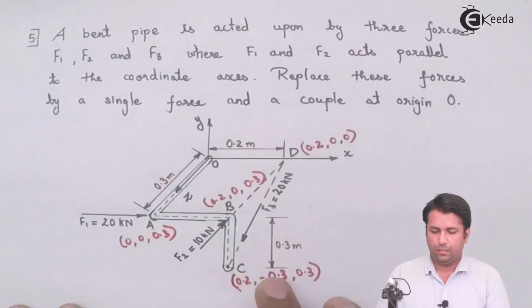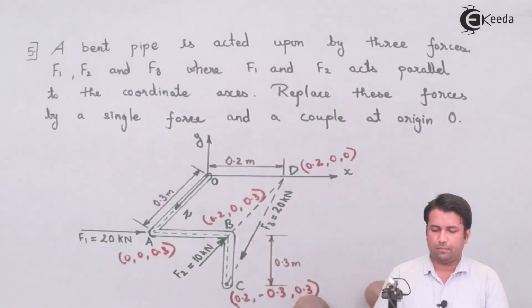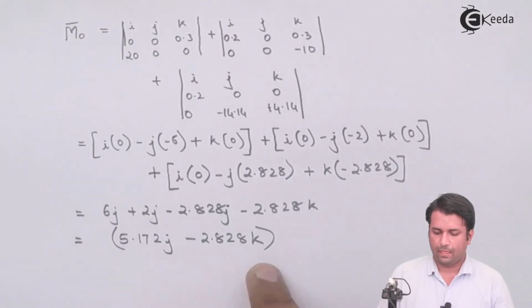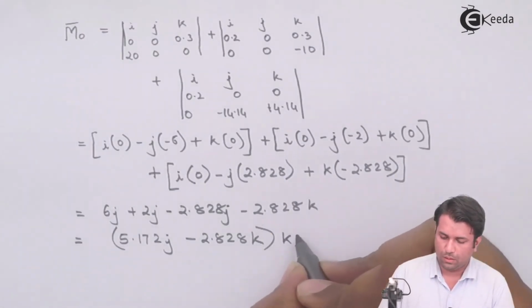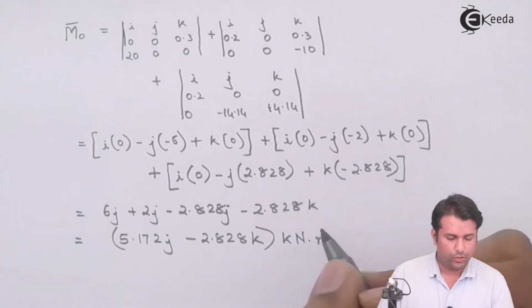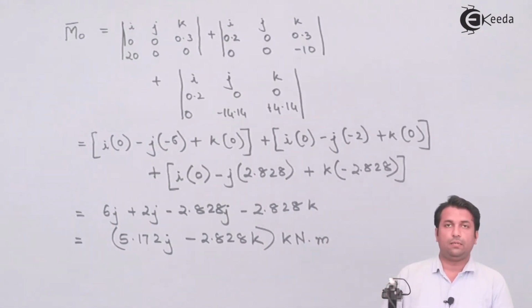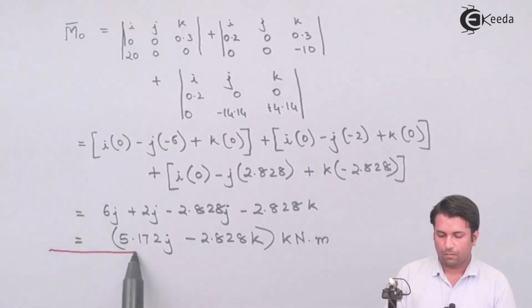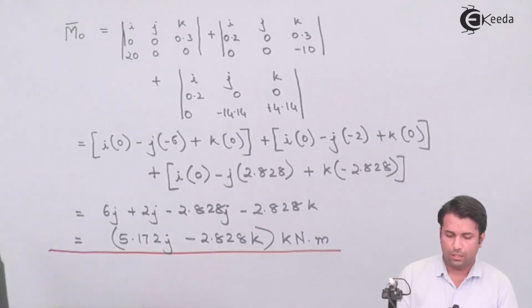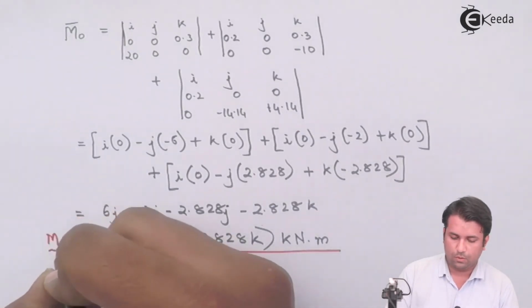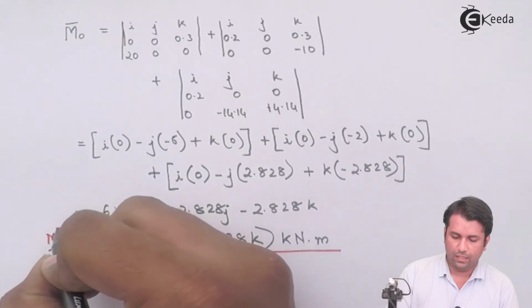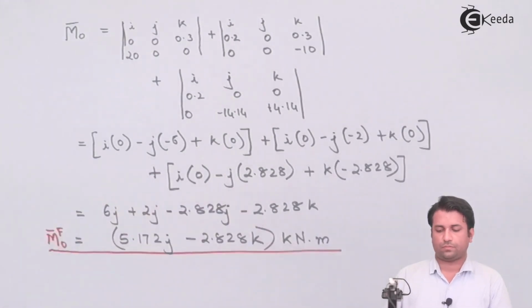The moment vector for the three forces is coming out as this value with the unit kilonewton meter. So this is how we can calculate the moment vector for the given force system about origin. I hope you have understood this example. Thank you.